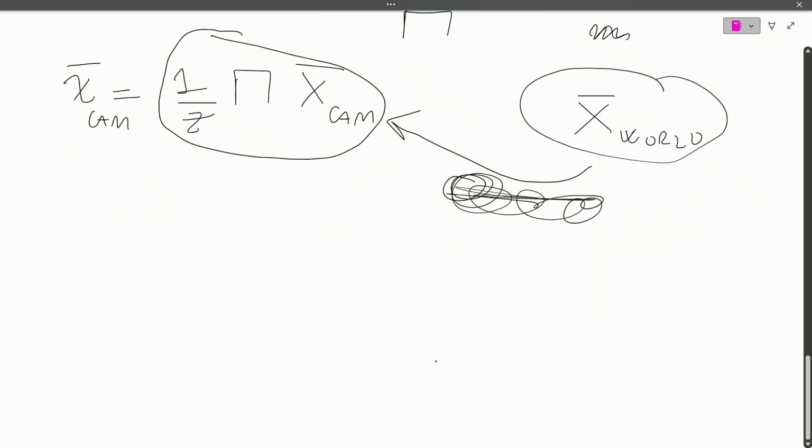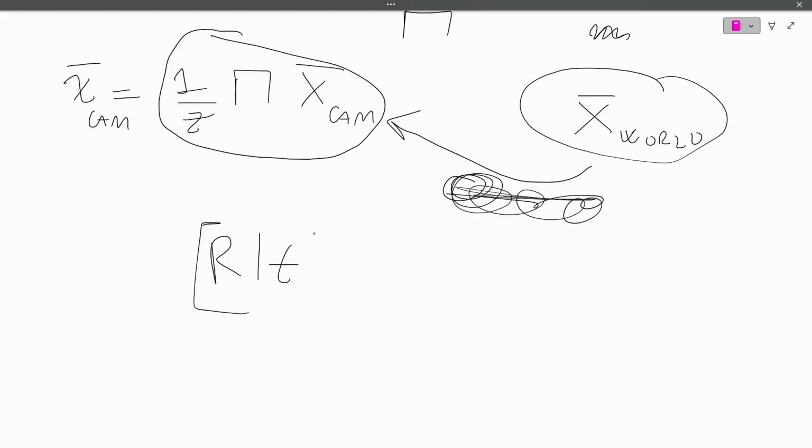Because in the Euclidean space, for roto-translating things, we just need a matrix composed of a rotation and a translation.